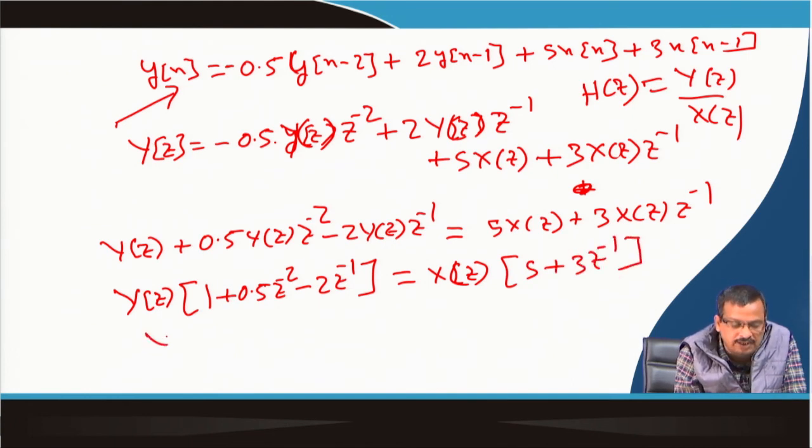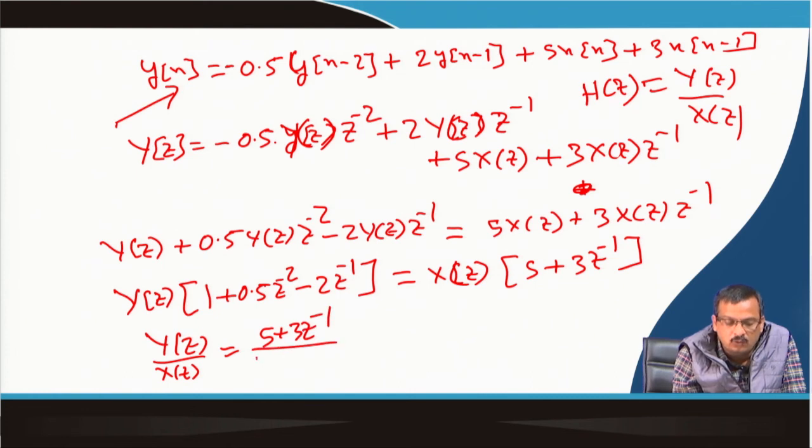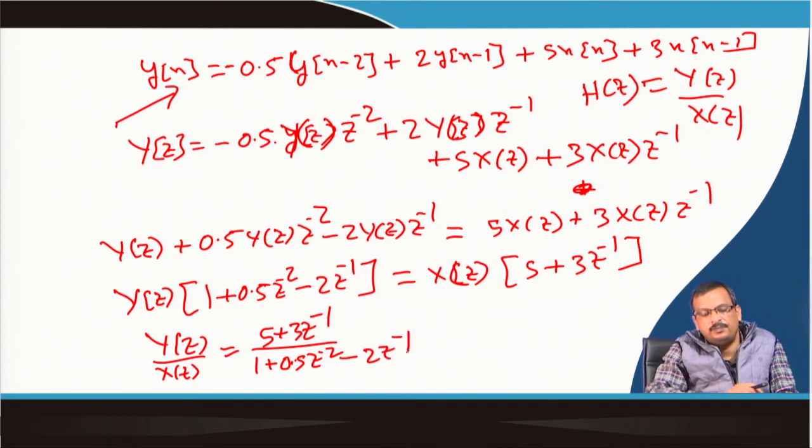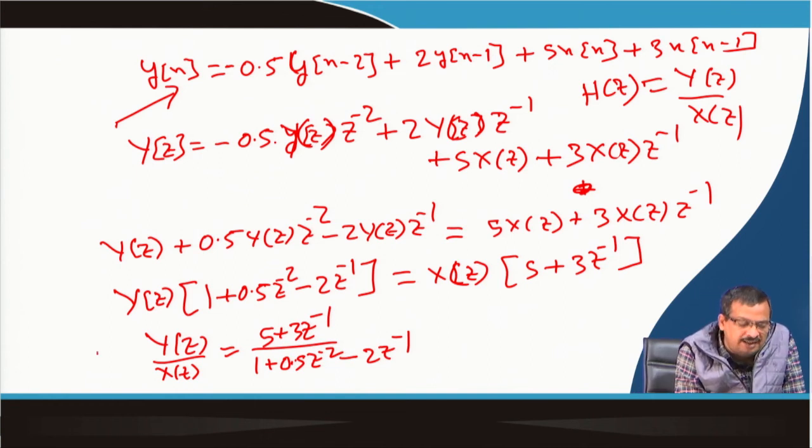Now, if I say Y(z) by X(z), it is equal to 5 plus 3 z to the power minus 1 divided by 1 plus 0.5 z to the power minus 2 minus 2 into z to the power minus 1. Okay. So, this is the transfer function H(z).